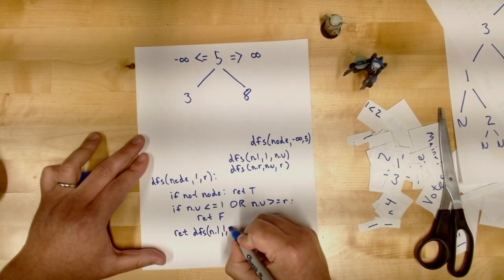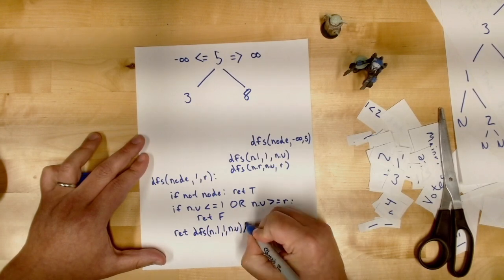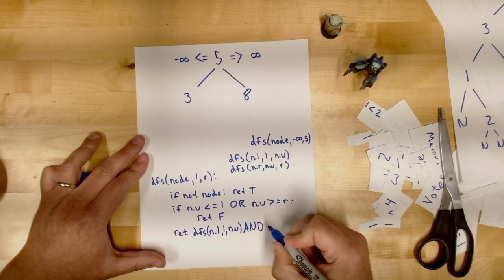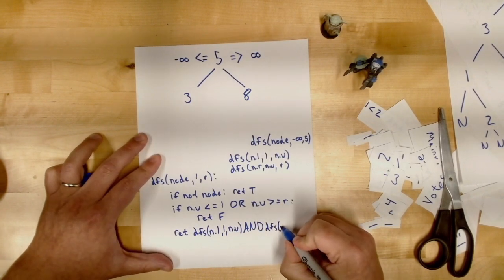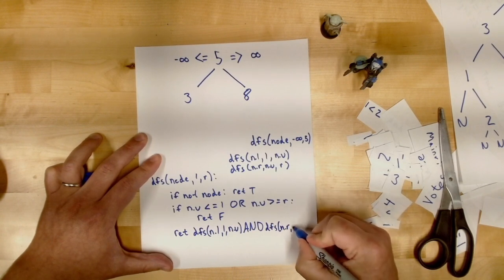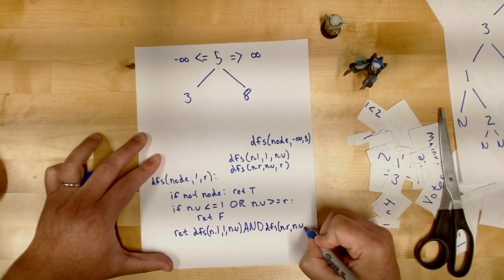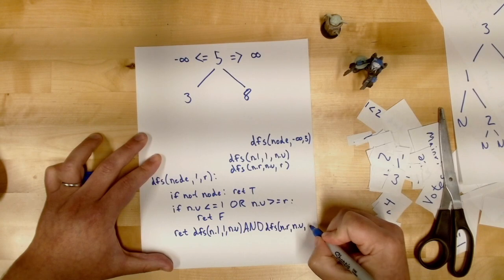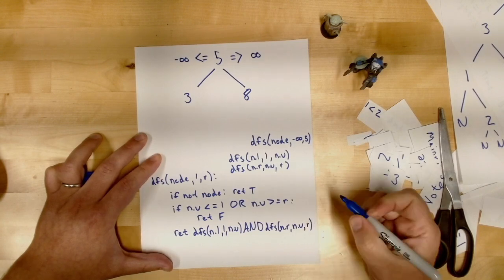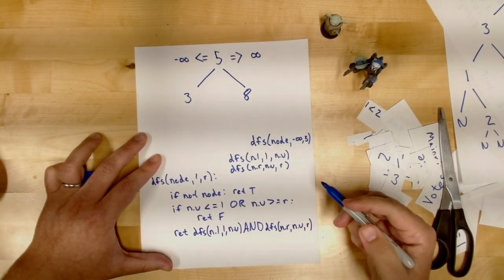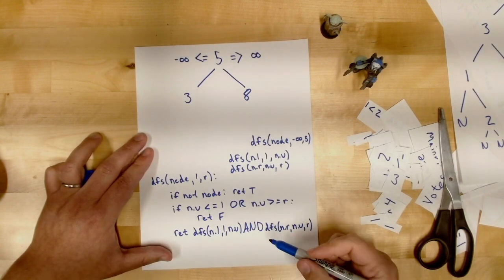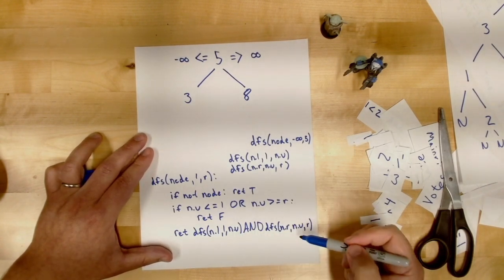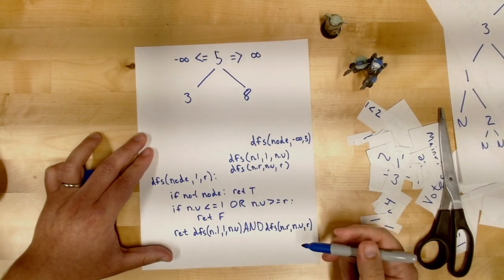Left and node.value with a logical and of DFS on node.right, node.value, and right. That's going to be our recursive call. We want the logical and.